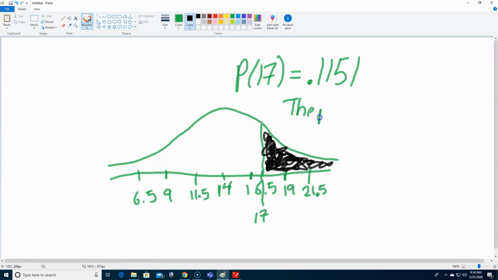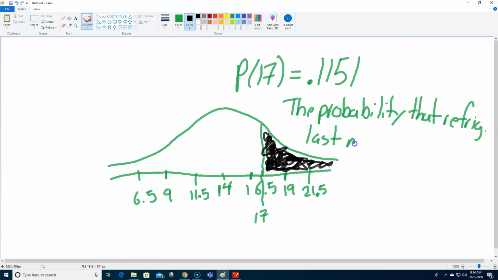the probability that a refrigerator lasts more than 17 years is 0.1151.